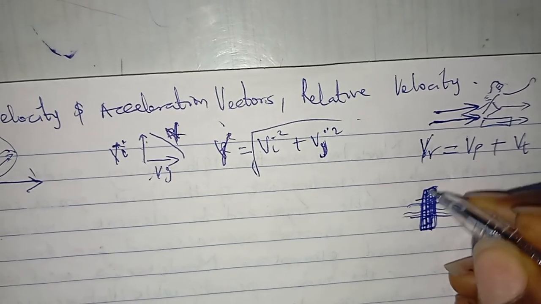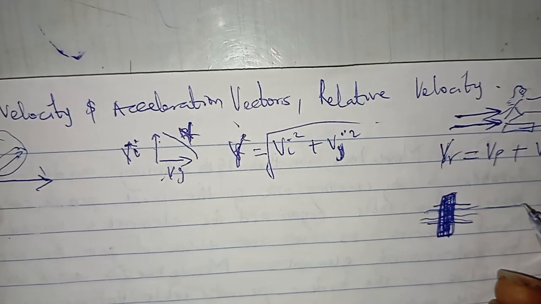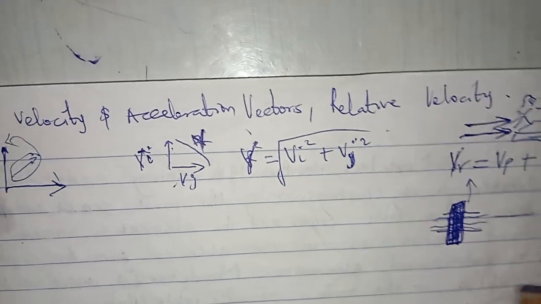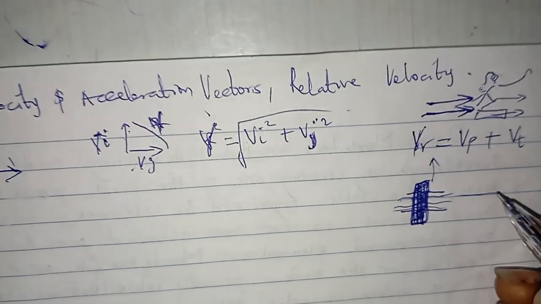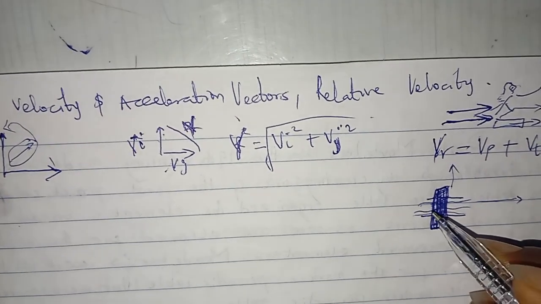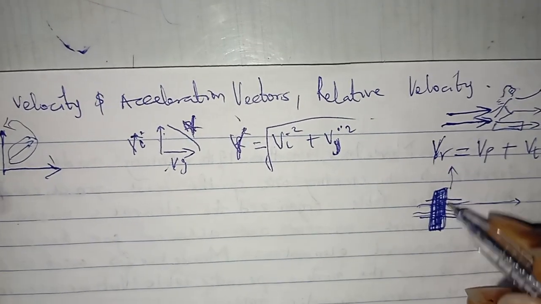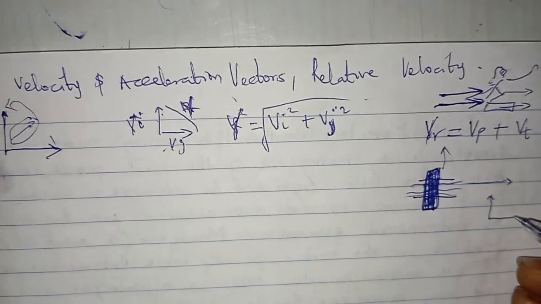You see very well that this boat is moving this way and this one is moving this way. So we can say that we have y and x components depending on what the question states. If they say that the river is flowing east and the boat is going north, this example gives us the y and x components.